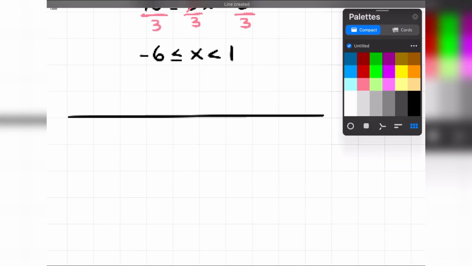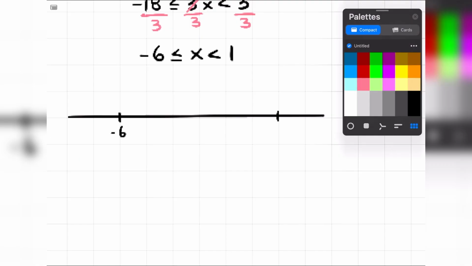So now we go back to the line, we go to -6, we go to 1. So here, this is different. We don't have an and, we have the entire thing laid out, right? So here we know x is greater than or equal to -6. So this is all for -6, and there's a filled in blue dot.